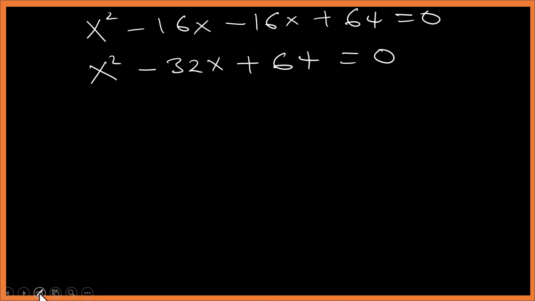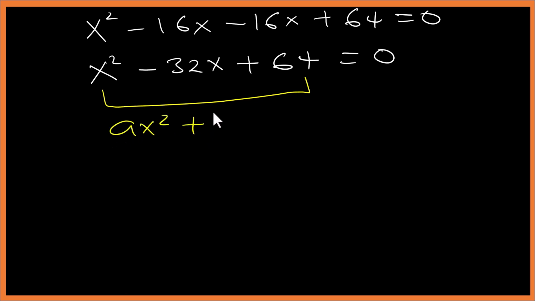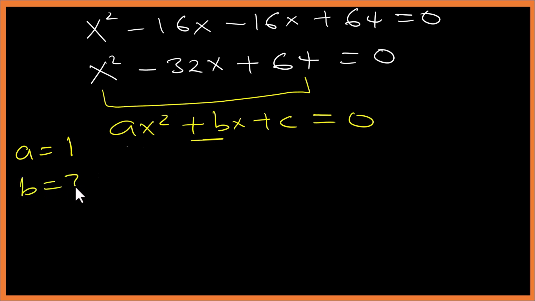So let's compare this one with the general quadratic form: ax squared plus bx plus c is equal to 0. If we compare this, a equals 1, b equals minus 32, and c equals 64.